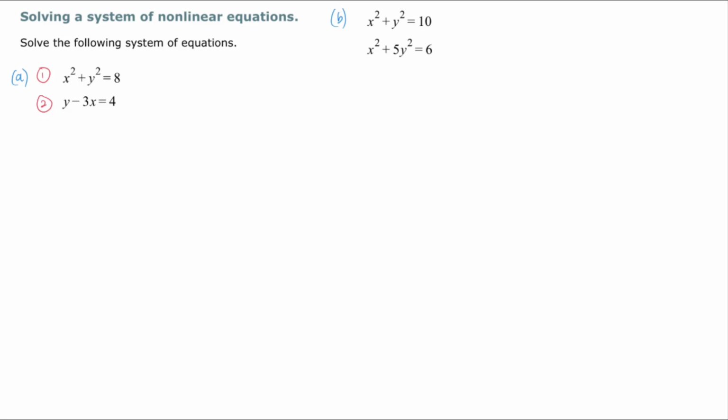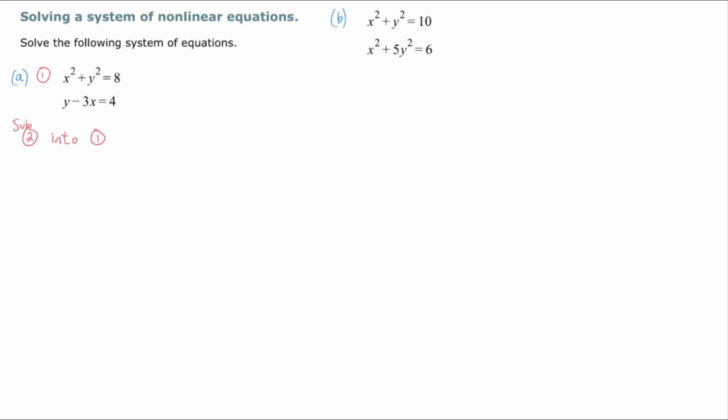What we're going to do is take that linear equation, which is equation 2, and sub 2 into 1. The first thing though, even though I'm going to sub 2 into 1, I have to rewrite equation 2. So maybe I won't label that as equation 2. I am going to label the first one equation 1.